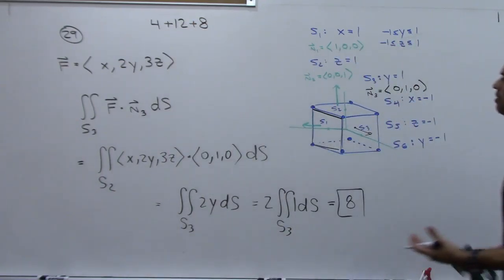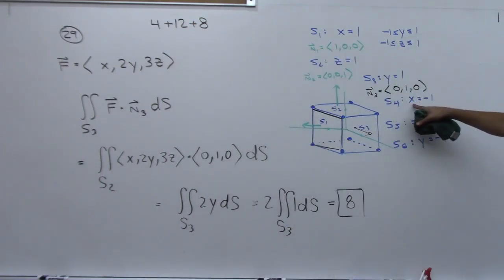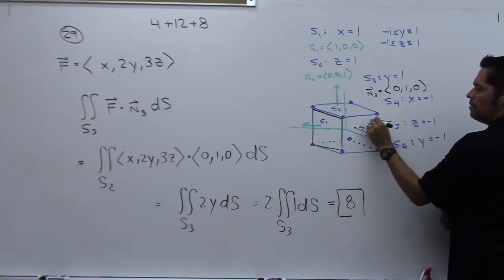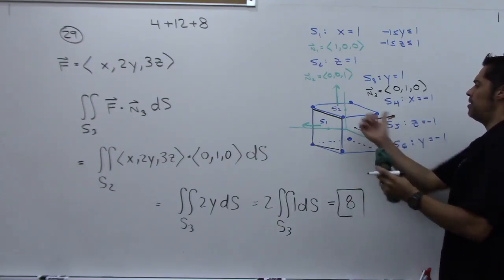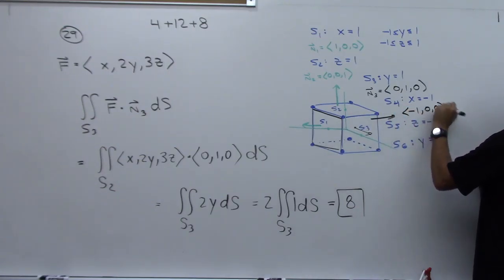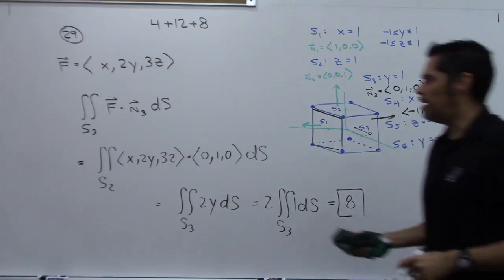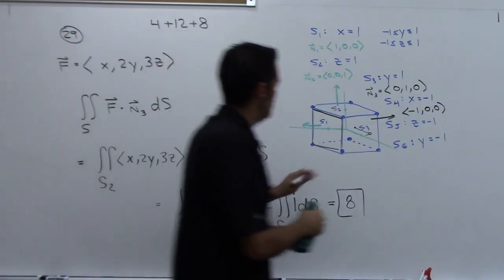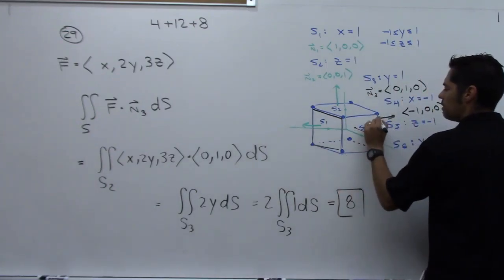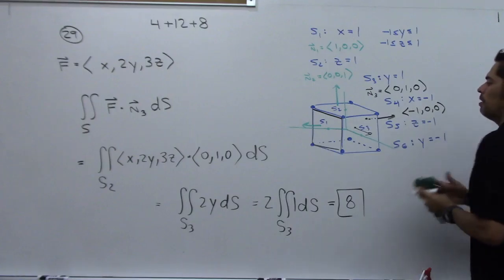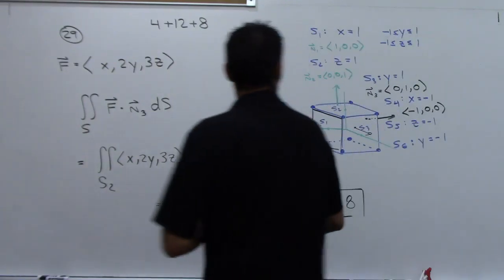And let's go now and do something a little more interesting. How about S4? S4 is this backside, and the normal vector sticking out of that points this direction, which is the vector (-1, 0, 0). So let's see how that changes things. This is coming out the back side, so that hits that face and goes out, away.